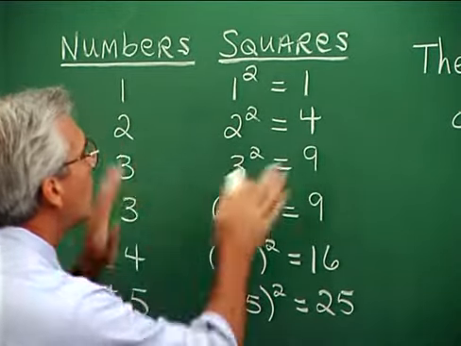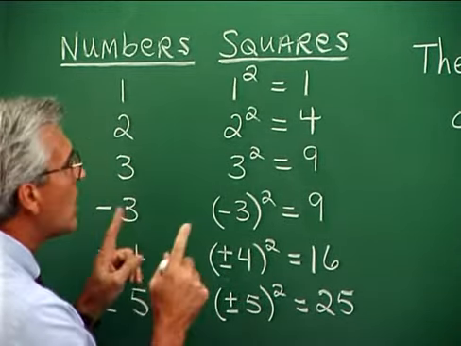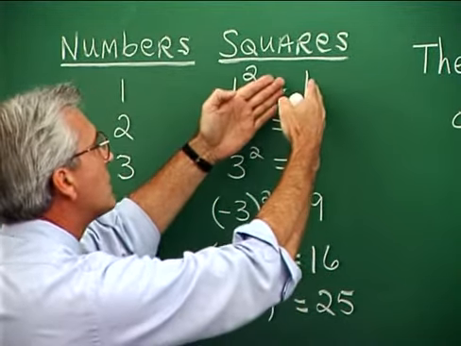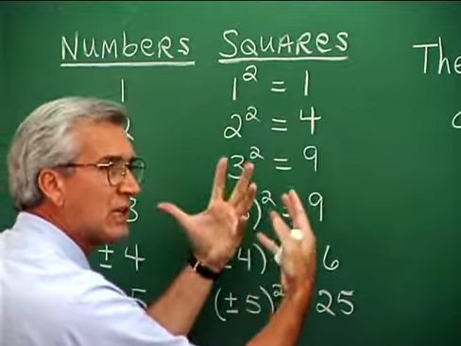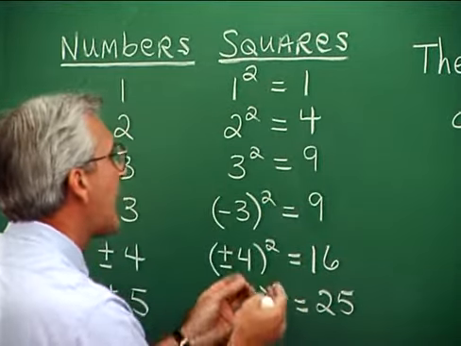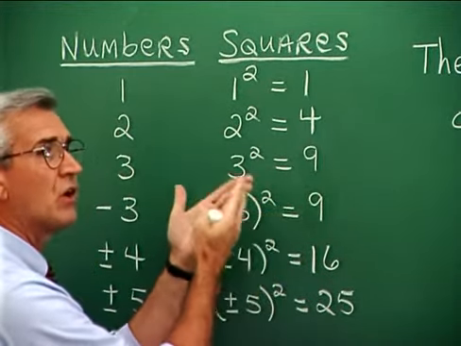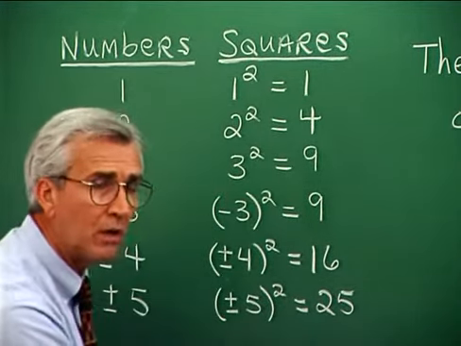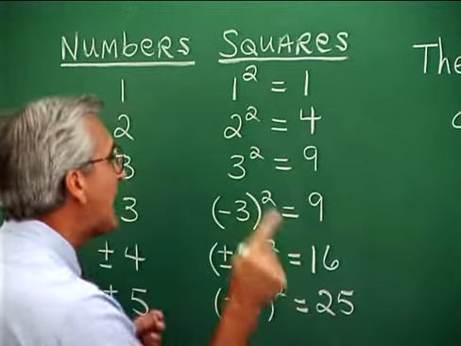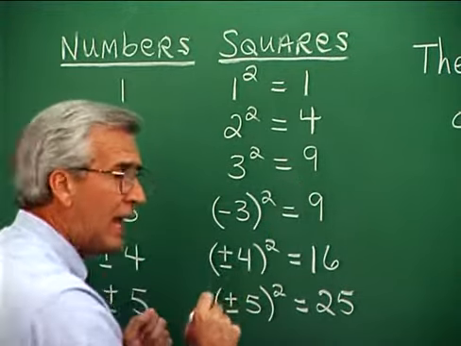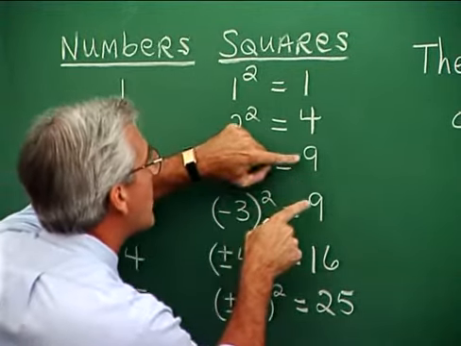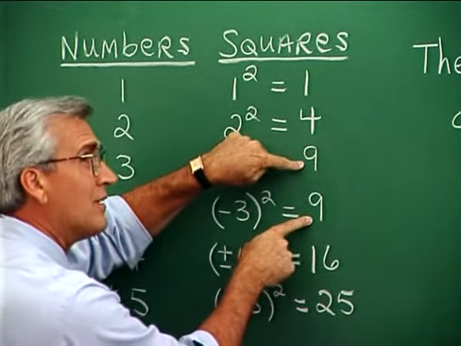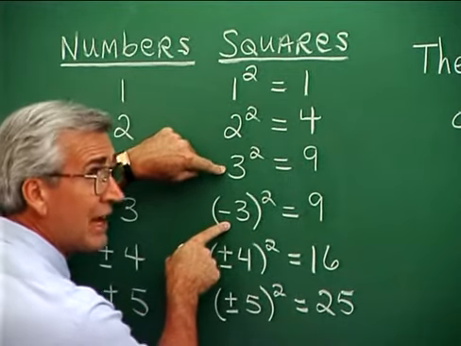Now, we're going to work this in reverse. That is, we want to create a name and a process for taking a square and identifying the numbers that are squared to get that square. What numbers were squared to get that square? We can see here that if we're starting with a square that's 9, the number squared to get that 9 is either 3 or negative 3.